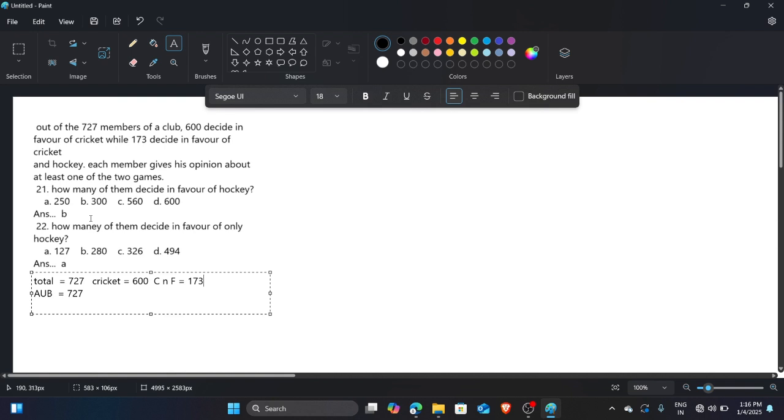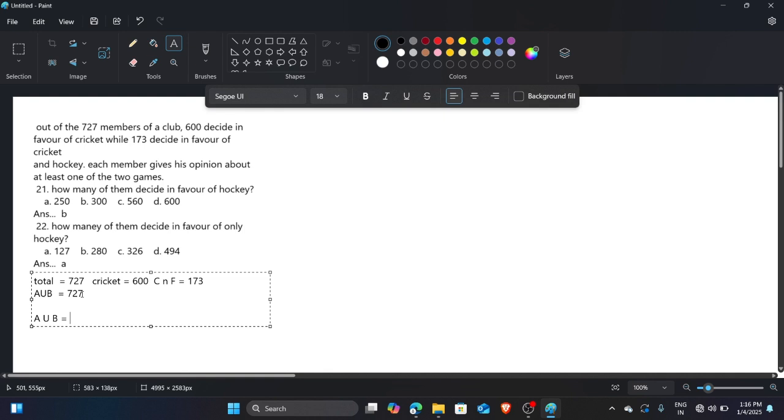So how many of them decided in favor of hockey? The answer is already on the screen, it is 300. But how is it 300? Let me see. So the formula says A union B. Union is something where the person comes in at least one case. If a student loves cricket also and hockey also, then we count that student only once, either in the cricket part or in the hockey part.